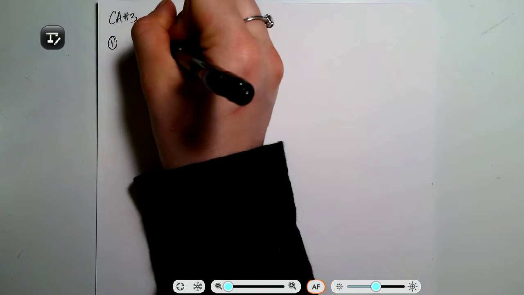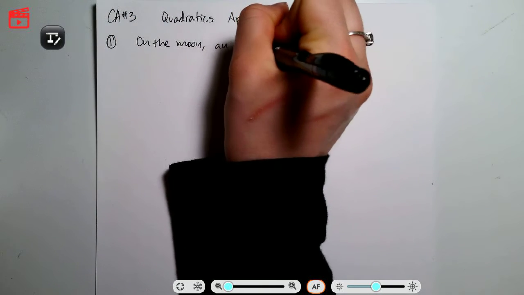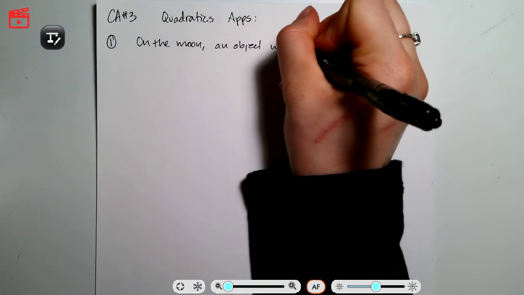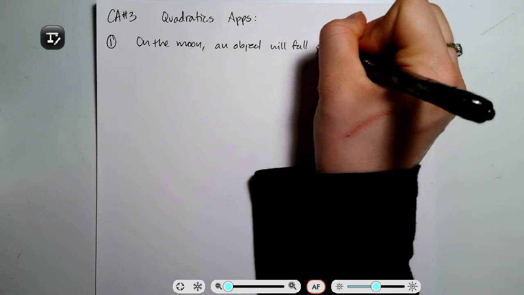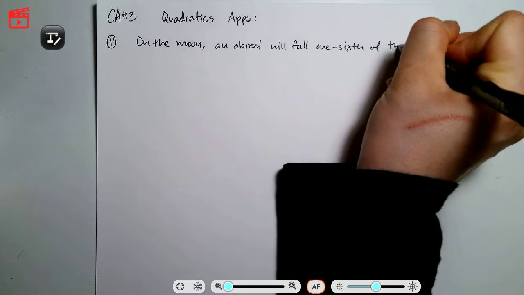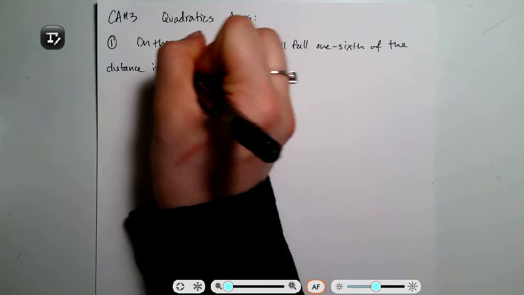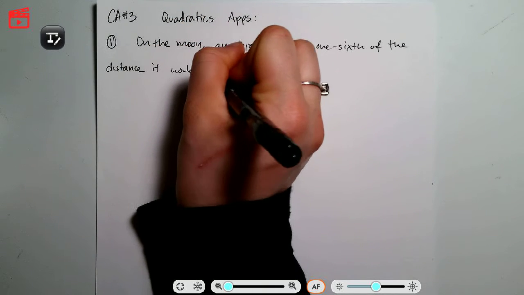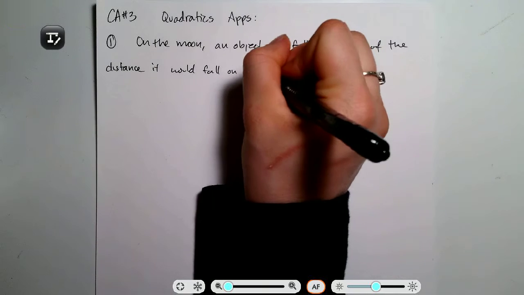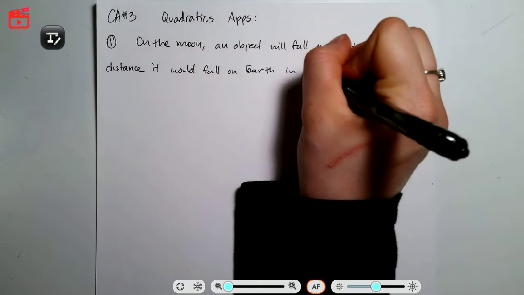On the moon, an object will fall 1/6 of the distance it would fall on Earth in the same time.